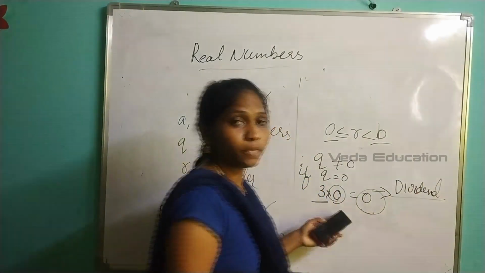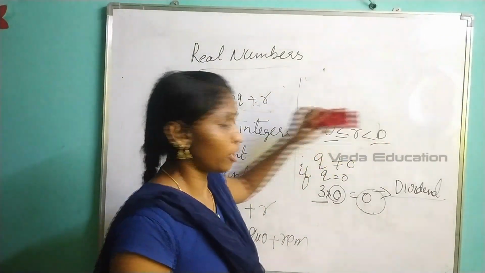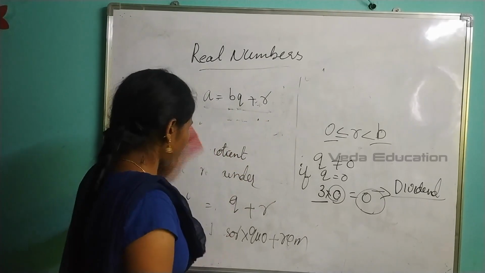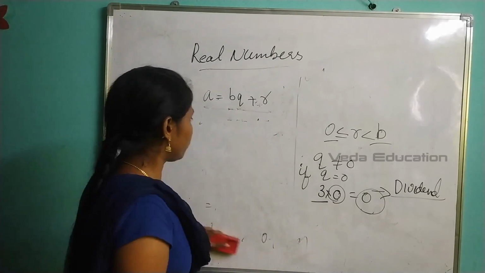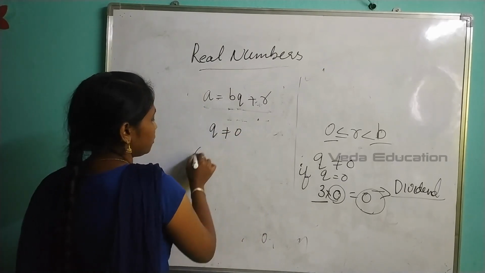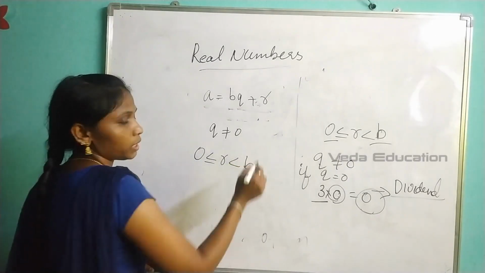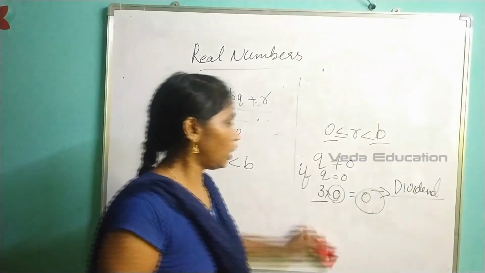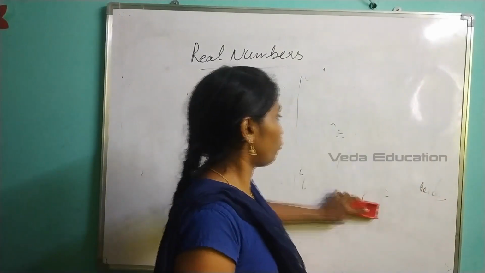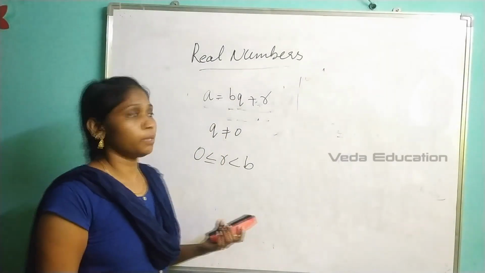So if the quotient is 0, we cannot apply this formula. These are the two conditions: Q is not equal to 0, and the R value should satisfy 0 less than or equal to R, less than B. Got it? Now based on this we are going to discuss exercise problems and where we apply Euclid's division lemma.